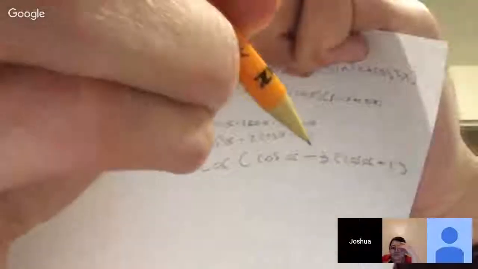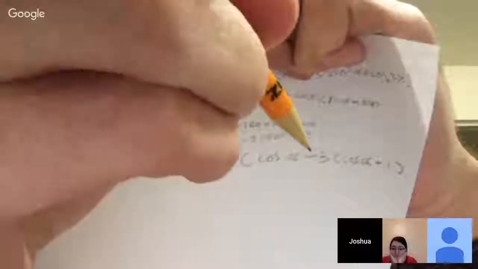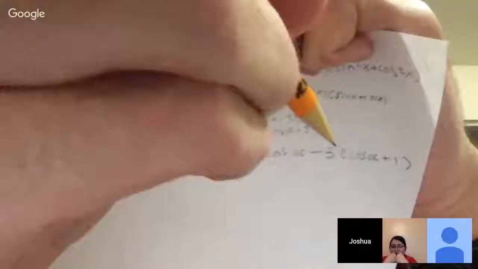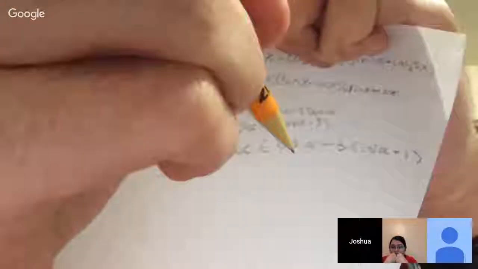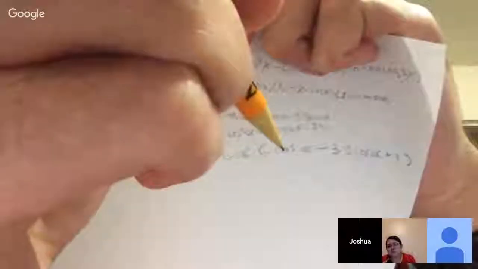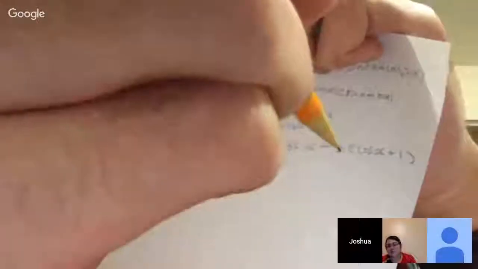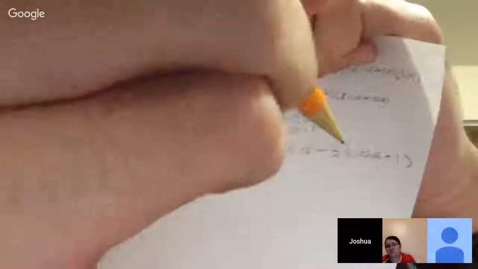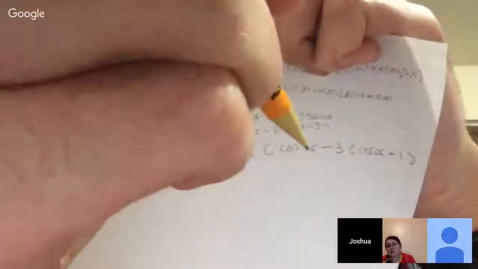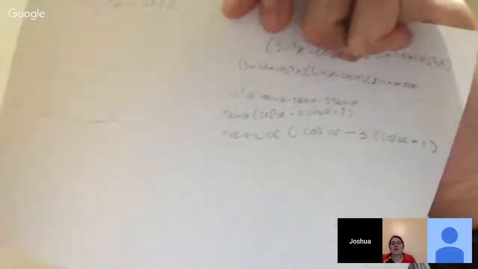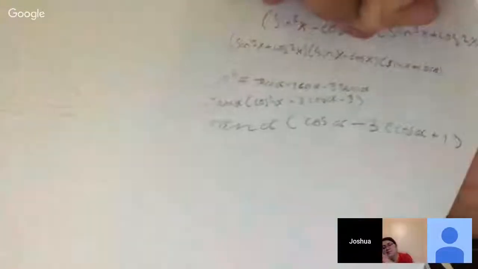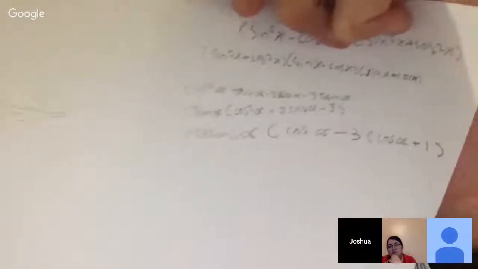And then if you factor it out, this times this gets you the cosine squared of alpha. Then you have 1 positive cosine of alpha, and 3 negative cosines of alpha. Add them together, you get negative 2 cosine of alpha. Oh, okay. And then the 3 and the 1 give negative 3.